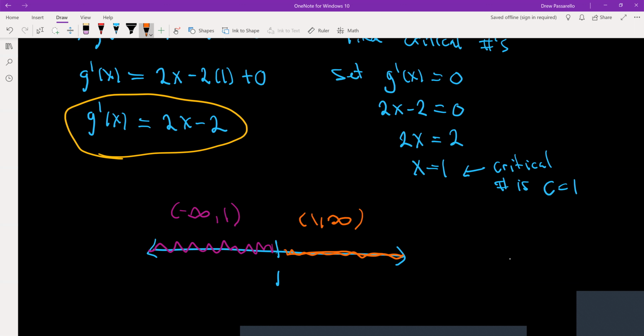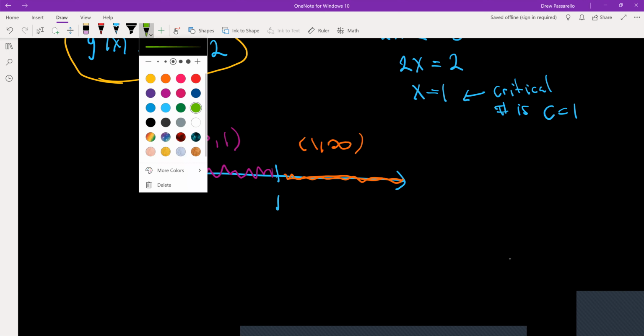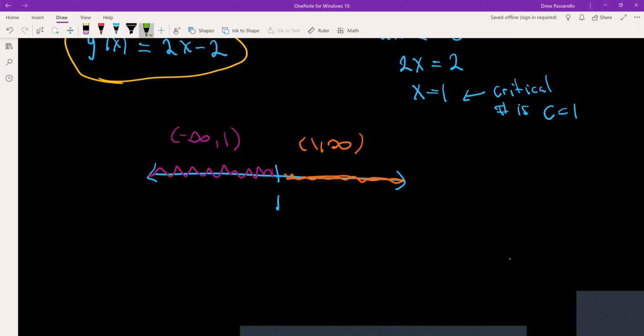Then you just pick a value from each interval. A convenient value from the first interval, negative infinity to 1, would be 0. I'll label the test value x1 equal to 0, from the interval negative infinity to 1.